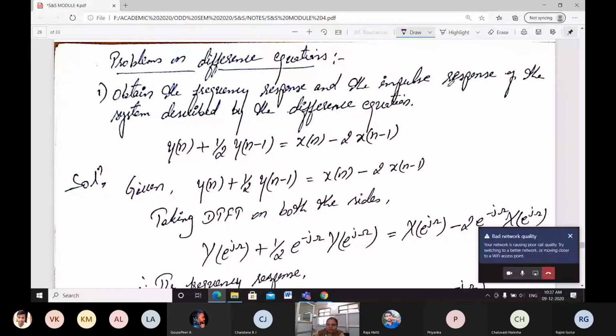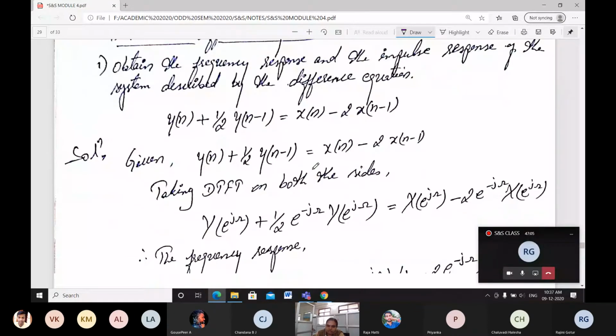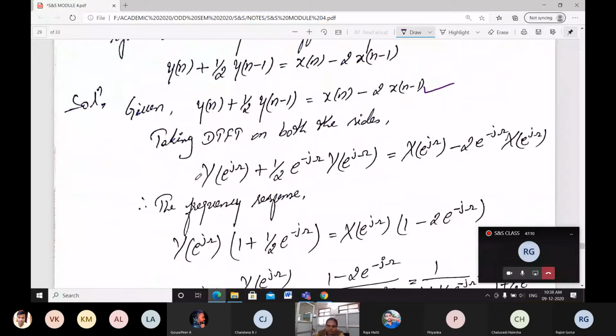Difference equation: find the impulse response of the system described by the difference equation y of n plus 1 by 2 y of n minus 1 is equal to x of n minus 2 x of n minus 1. Given the equation as it is, take the DTFT on both sides.